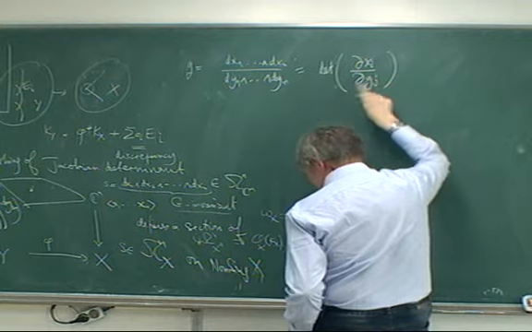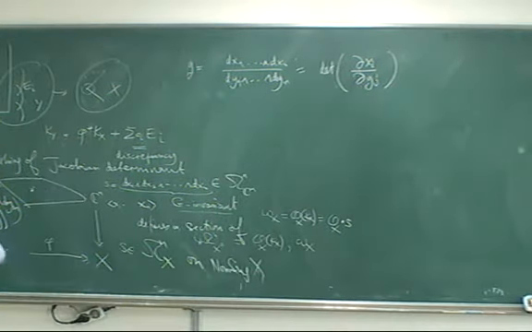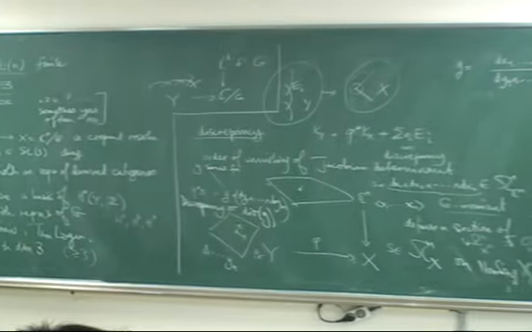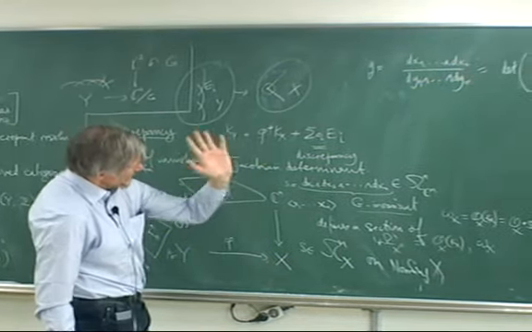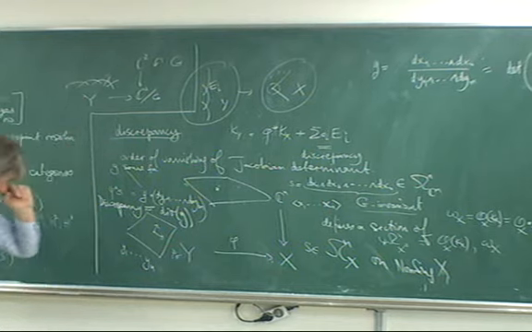Of course, this doesn't really make sense because they're not on the same space. The functions xi and y are not coordinates on the same space. But morally, that's what it means.